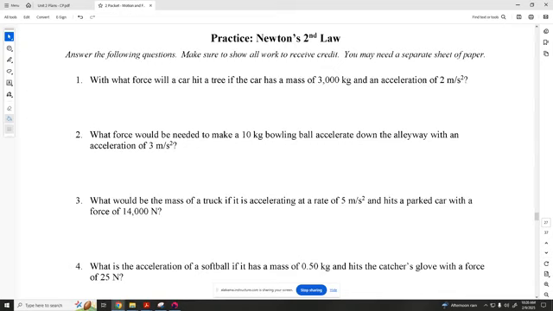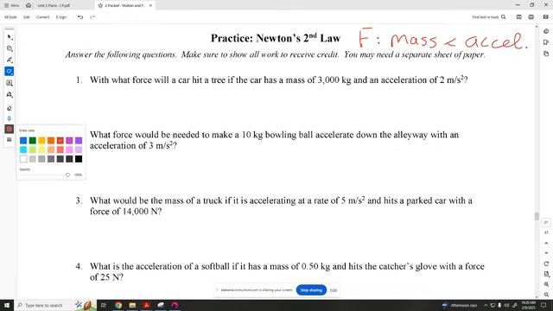Newton's second law, all it says is that force is equal to mass times acceleration. And once again, this is directly where we get our units for Newton, because force is a Newton, and a Newton is equal to mass, kilogram, times acceleration, meters per second squared.